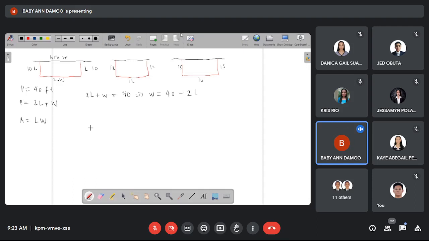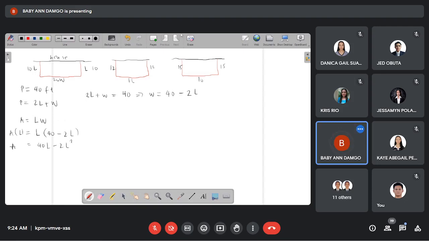Then we substitute it into the area. Length is fixed and W here is 40 minus 2L, so the area is a function of L. So we have 40L minus 2L squared.